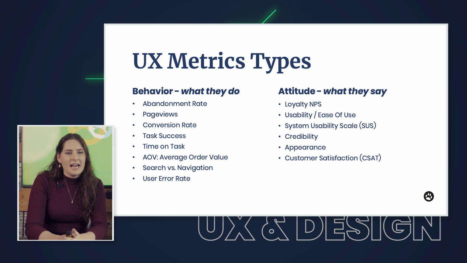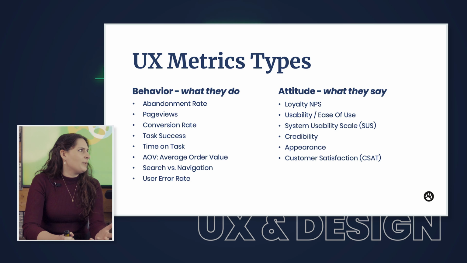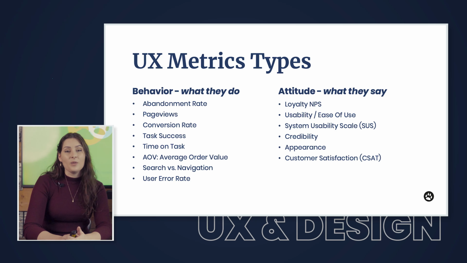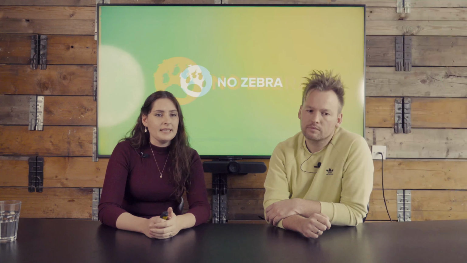Then you also have the attitude UX metrics, and those are usually questionnaires where you get the user to tell you, okay, we're not very satisfied with the process of paying for this product, or we are very happy about how that went. That, for example, can be the loyalty NPS, or the System Usability Scale, and a lot of different areas within this metric type.